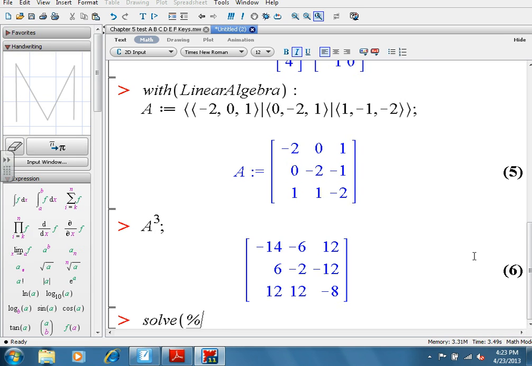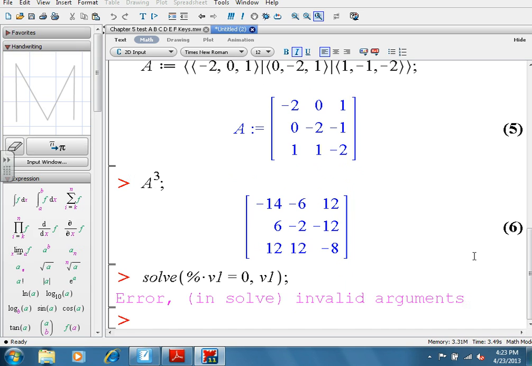Scroll up and look at what's dragging back and copy what's above. Equals 0 for V1. It's not going to do that because we haven't defined V1 as something that it's going to like. Yeah. Scroll up and copy what's above and let's solve the eigenvector line.